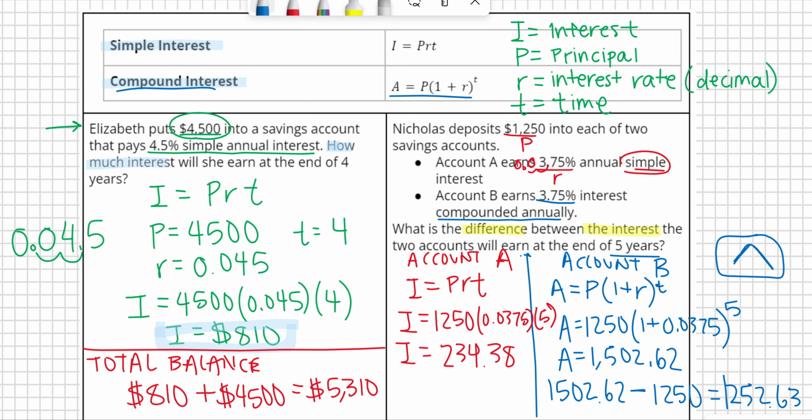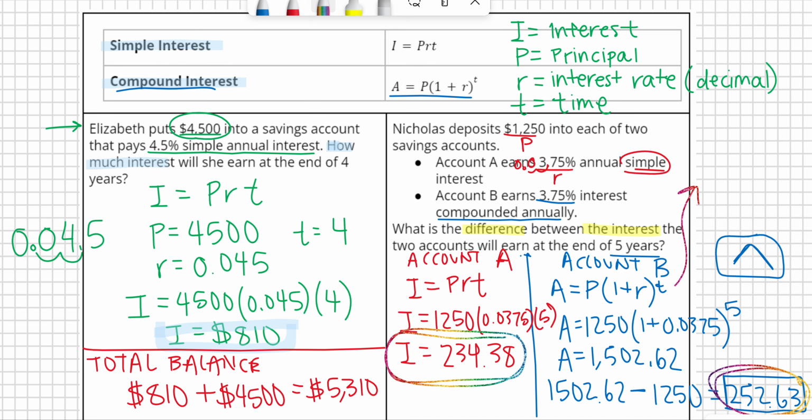Now I have how much interest the second account earns. Now I can compare the two to find the difference. I'm going to subtract, and I will do that over here on the right. So we're going to find the difference. I'm going to subtract this interest amount from this interest amount.